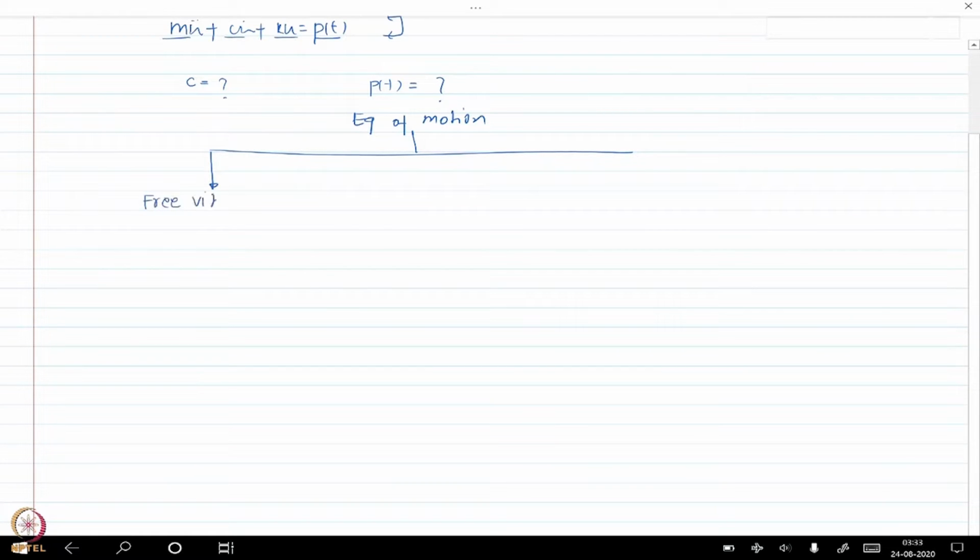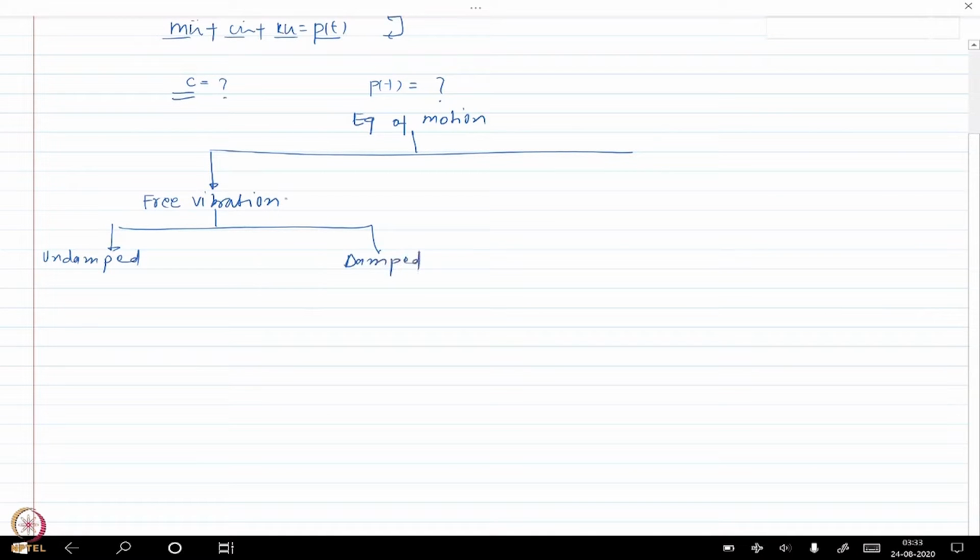Under free vibration, depending upon whether my system has a zero or non-zero value of damping, we can either have undamped free vibration or damped free vibration.